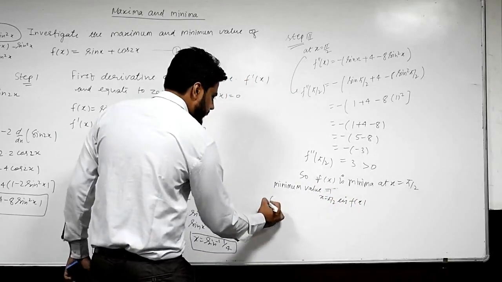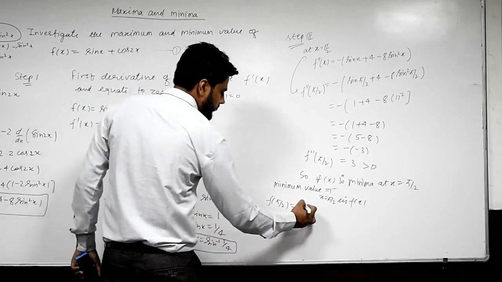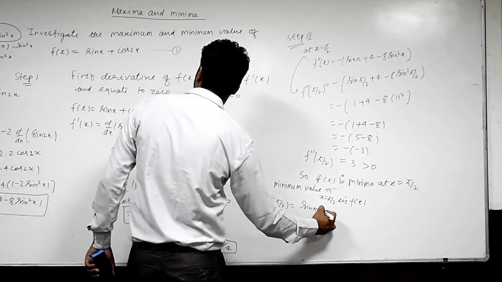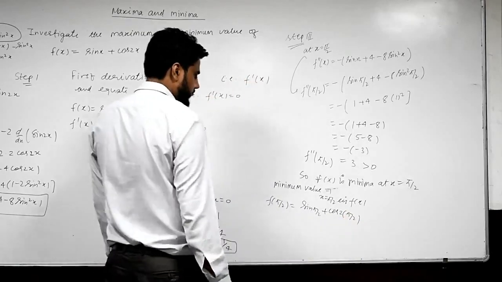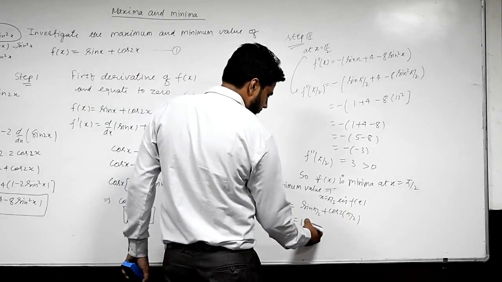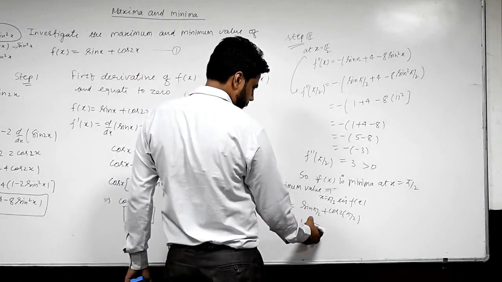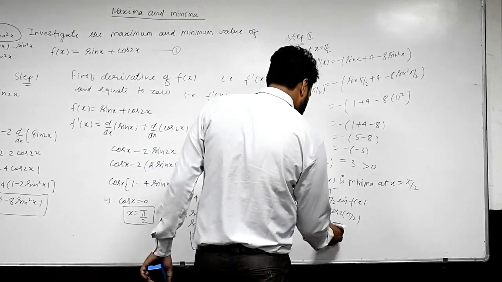That means f of pi by 2 will be sin pi by 2 plus cos 2 times pi by 2. So sin pi by 2 is 1 and the value of cos pi is minus 1.